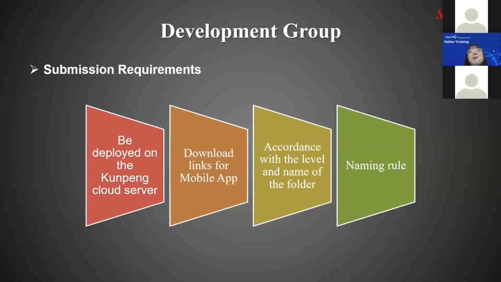And for mobile applications, you should provide the download links, and your submissions, your data and your project should be coordinated with the level and the name of the folder. As in this naming rule, your submissions should follow the requirement.